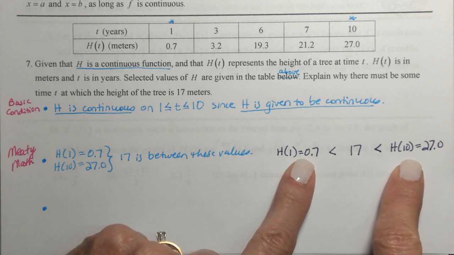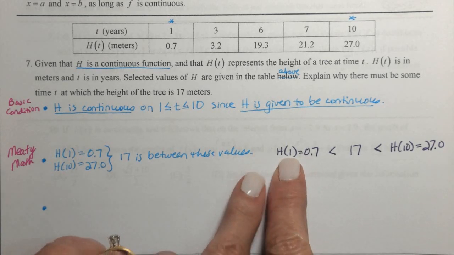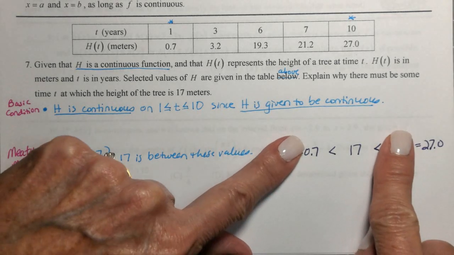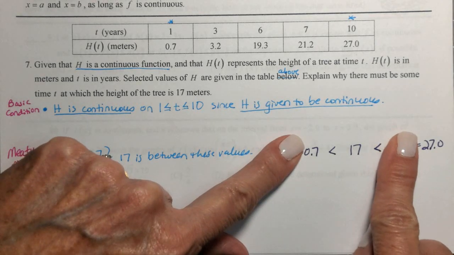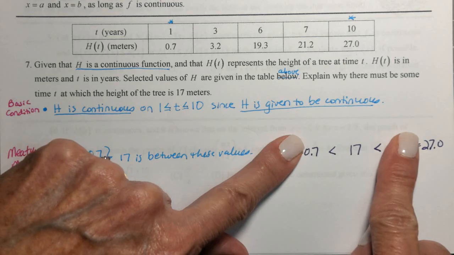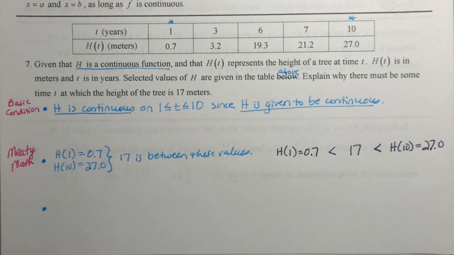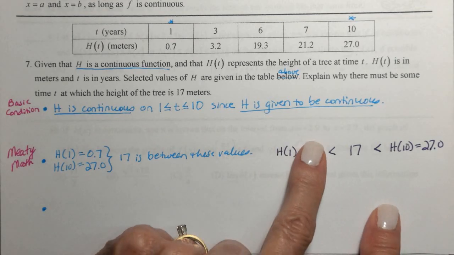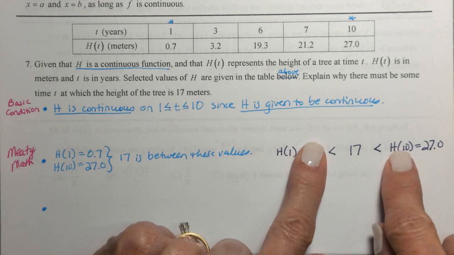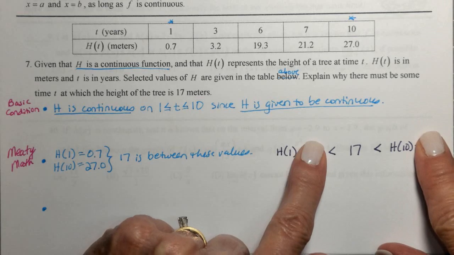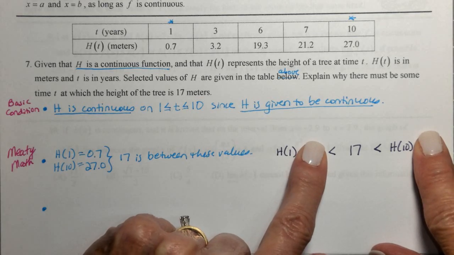Now, I know you're going to ask this, Miss Murray, do we have to say h of 1 and h of 10? Could we just say 0.7 and 27? No, you can't. Miss Murray, could I just say h of 1 and not say the 0.7, and h of 10 and not say the 27? No, you can't. And I hear this all the time. But Mrs. Murray, it's right there in the table.